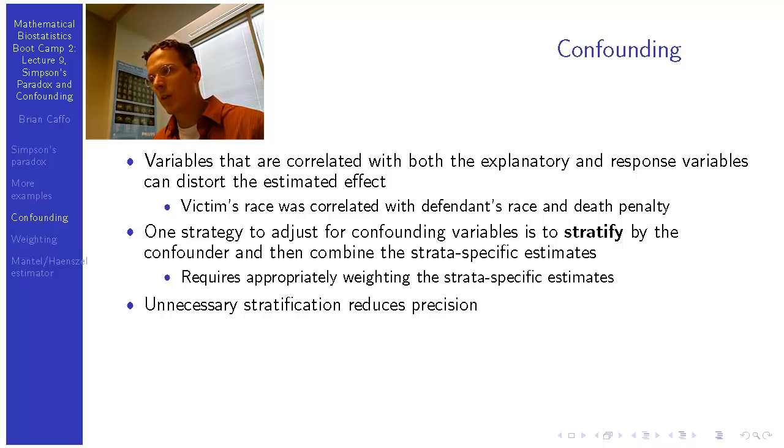Regression is probably the biggest and most common way to adjust for confounders. But an old school way in categorical data analysis is to stratify by the confounder and then combine the strata specific estimates. This requires appropriate weighting of the strata specific estimates, and we'll talk in a minute about how to do the appropriate weighting. And unnecessary stratification has its own set of problems.